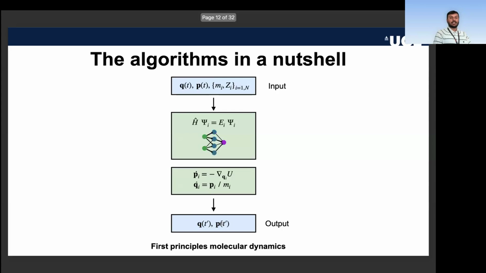Now, if you were to do first principles molecular dynamics, strictly speaking, your code should have a few components. The first one would deal with solving the electronic structure problem, and then you would take the gradients that you get from the electronic structure problem and evolve your nuclei, right?